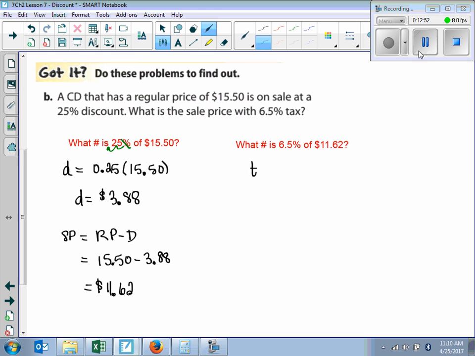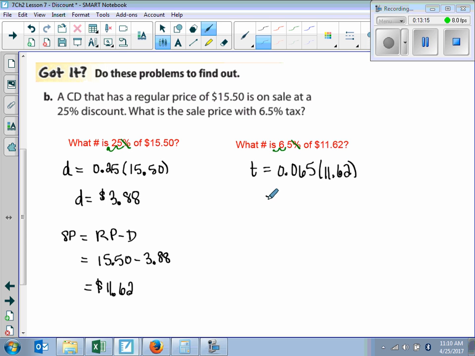So tax is equal to, we're going to move the decimal 2 places to the left, take away the percent sign. So that's going to be 0.065 times $11.62. All right.